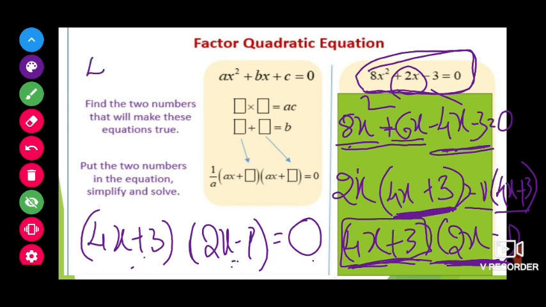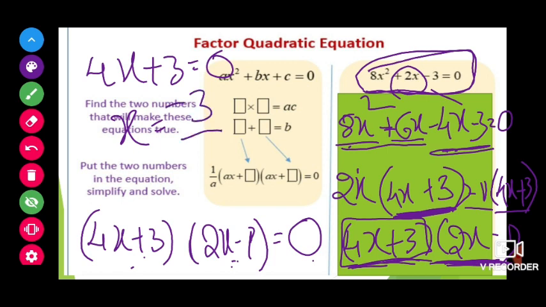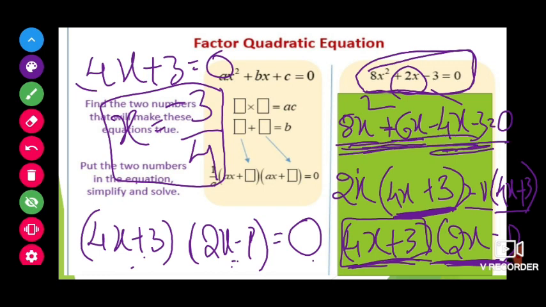Now take the first one, 4x plus 3 is equal to 0. Now keep x this side, send the remaining all to that side. Plus 3 if it goes to that side, minus 3. Here multiplication 4, division 4. So x is equal to minus 3 by 4 is one of the values where we will get that quadratic equation as 0. If I substitute x equal to minus 3 by 4, then we will get this quadratic equation as 0.